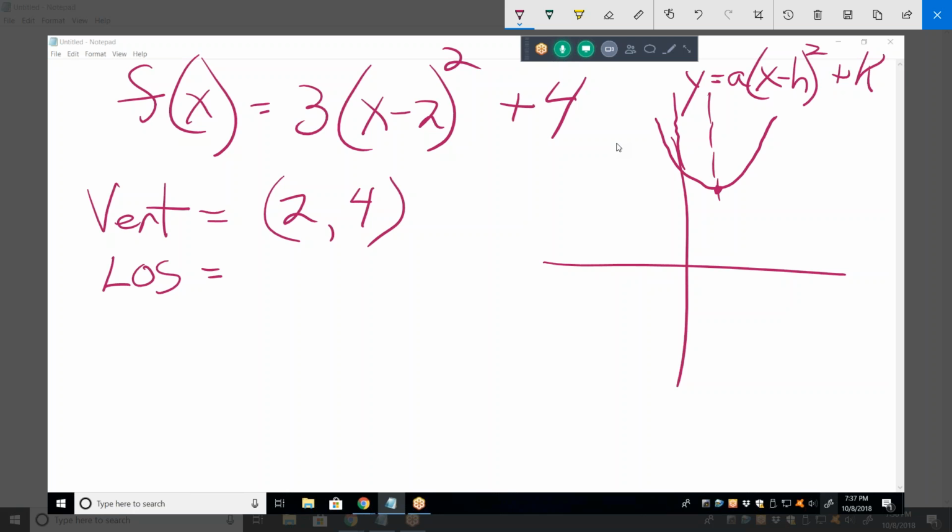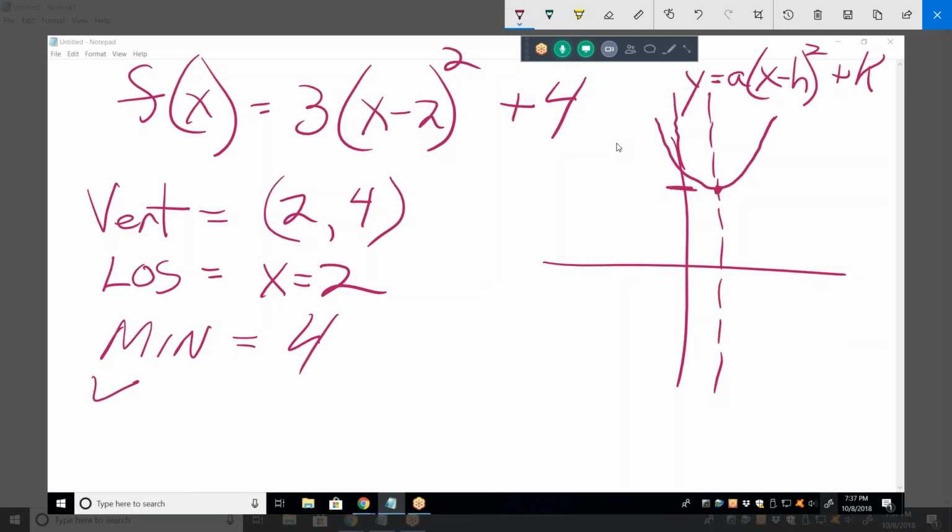Notice that the line of symmetry is always x equals whatever the x coordinate of the vertex is. Is it a minimum or a maximum? It is a minimum. It's this value right here. It's always the y value, so that would be 4.